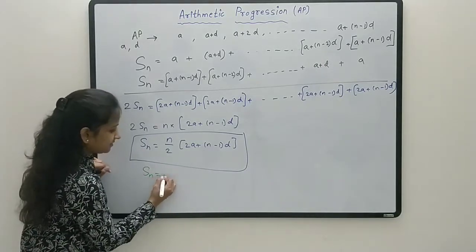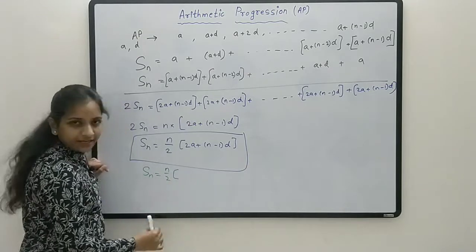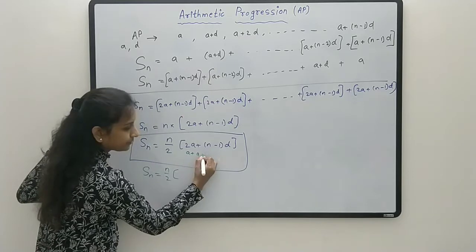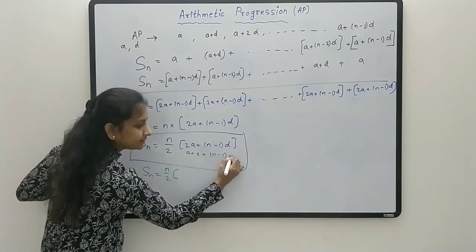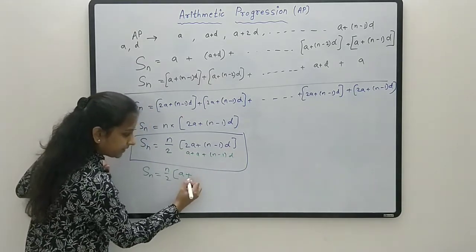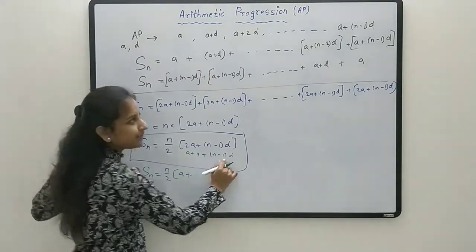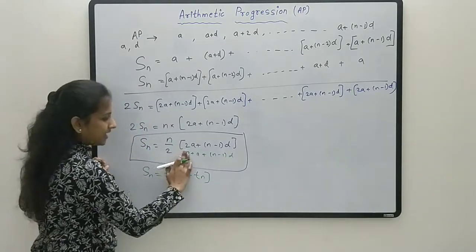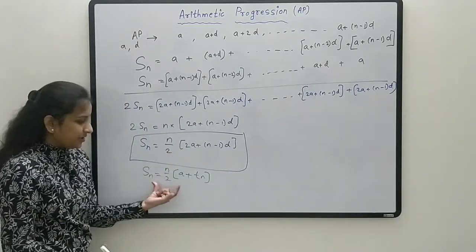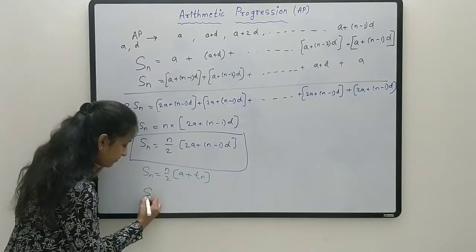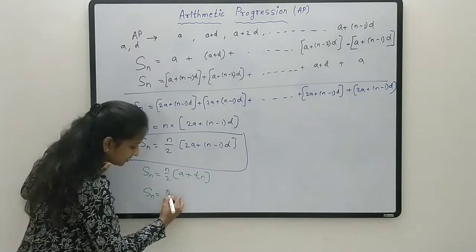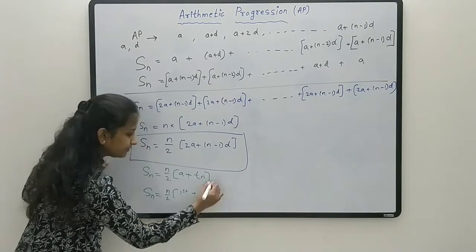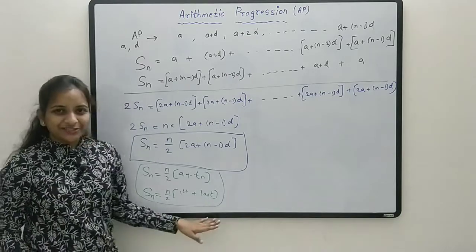See, Sn is equals to n by 2 into, for this term we can write 2a as a plus this term as it is. So we can write a plus, what is this? a plus n minus 1 d, the last term of AP, right? Tn, nth term of AP. So sum formula we can write it like this also. Sum of first n terms of AP series is equals to n by 2 into first term plus last term of AP series. Understood the formula?